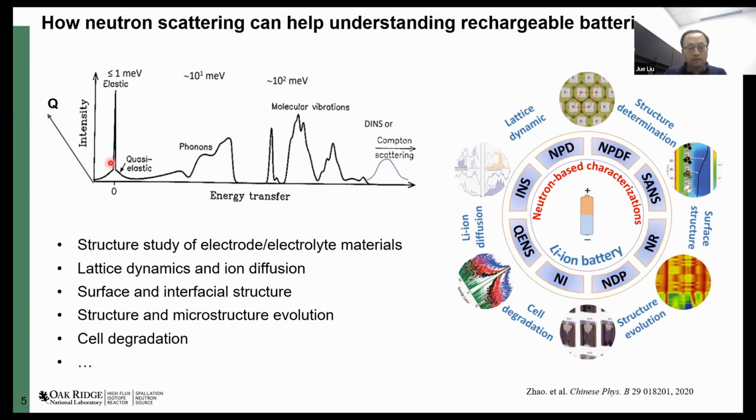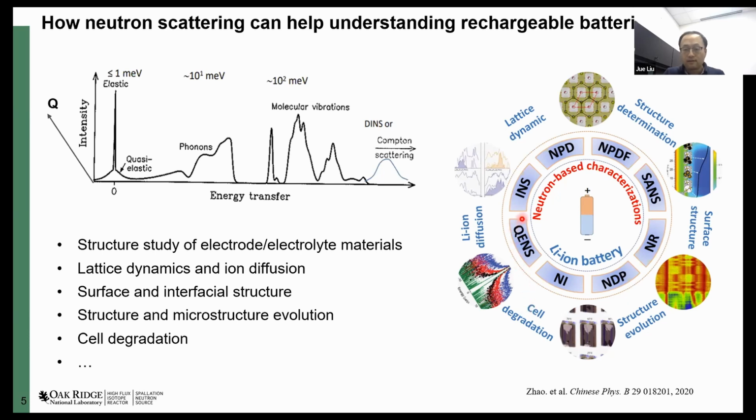So from this picture, if we project it onto the battery system, it really highlights that neutron scattering can provide a lot of unique opportunities to characterize phenomena that are important for understanding the battery system.